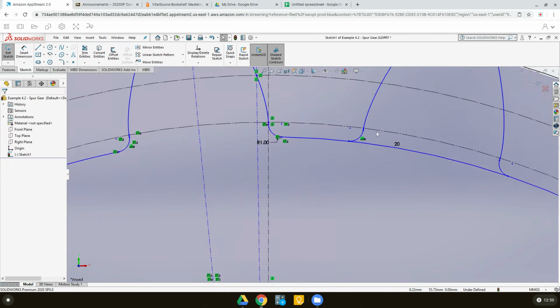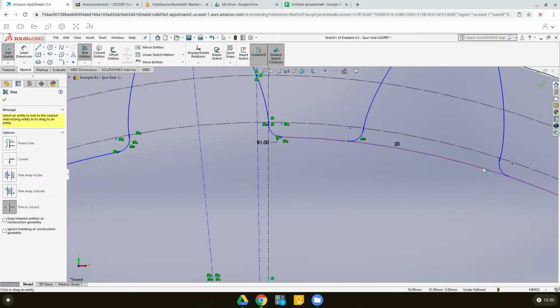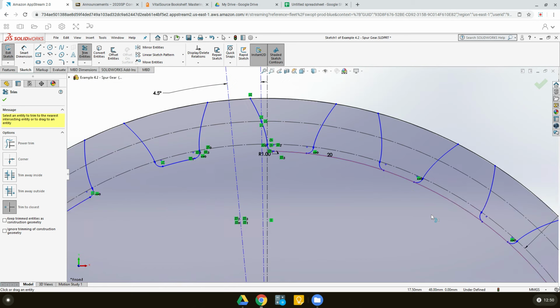This, okay. I may have to undo few things here. Okay, and here I have to be careful what I'm chopping. Trim entities. Okay, looks like we got some problem here. Looks like it's not meeting there or something. I'm going to leave that portion. We can come back to that.